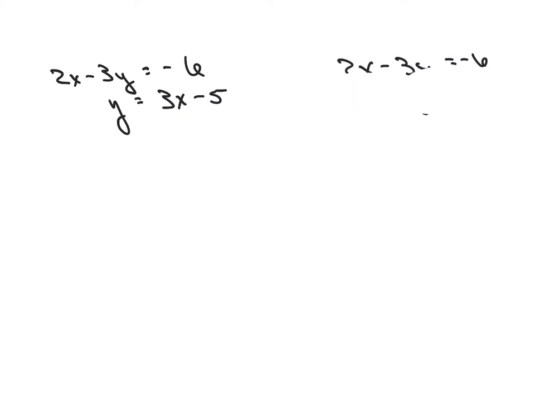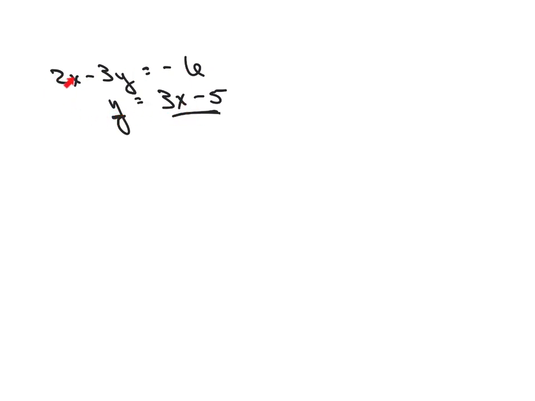This is where the substitution method comes in. When I have a y all by itself on one side, and it equals a bunch of other stuff, this is where the substitution method can be helpful. Because what does this say? This says that y equals this. So both of these are the same and can be used interchangeably.